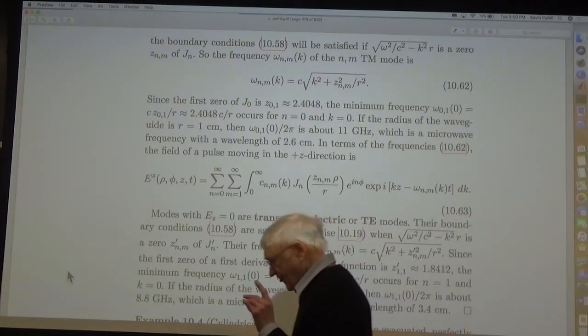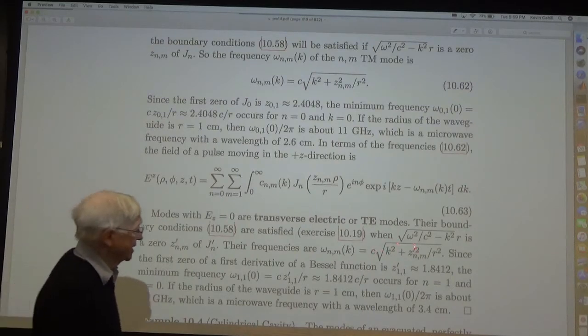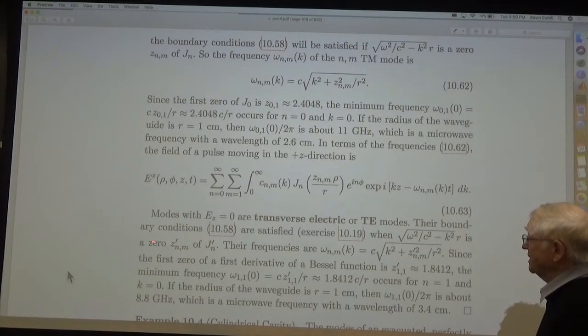Now if E is transverse, which is to say E_z vanishes, these are called the TE modes, or the transverse electric modes. And these boundary conditions are satisfied when, once again, omega squared over c squared minus k squared is a zero, but now a zero Z prime nm of J prime n.